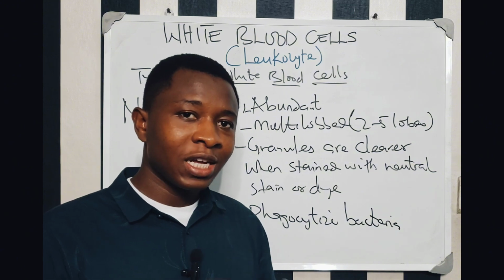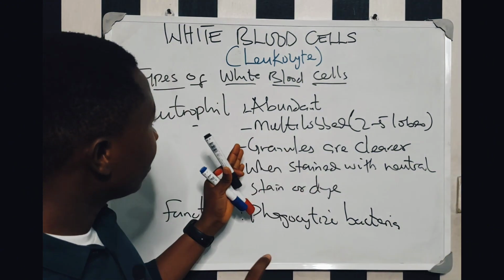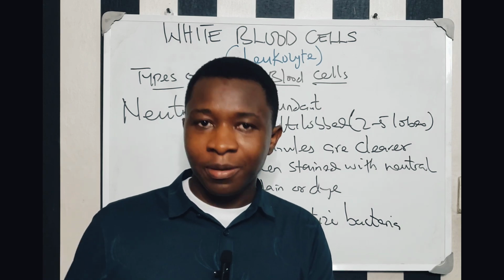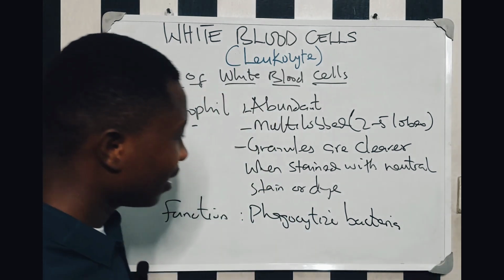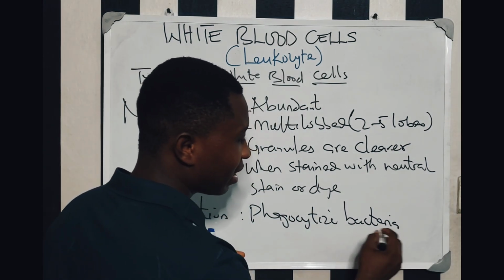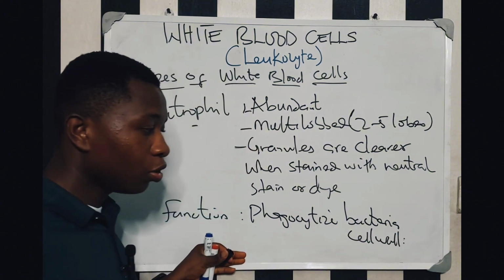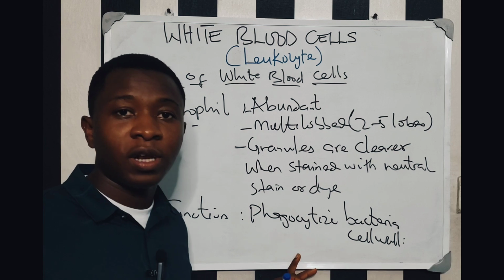Now, when it does that, the granules, which contain an enzyme called lysozyme, help to break down the bacterial cell wall. You know the bacterial cell wall is made up of peptidoglycan.